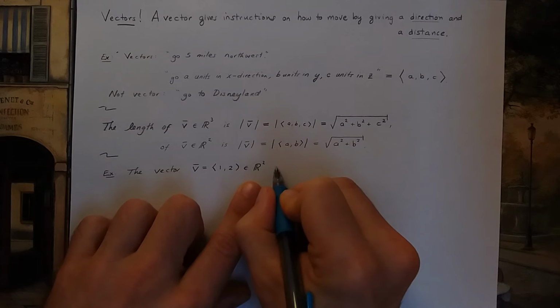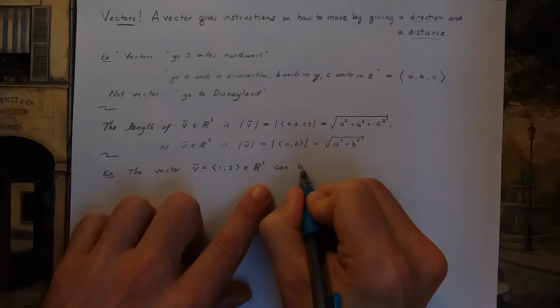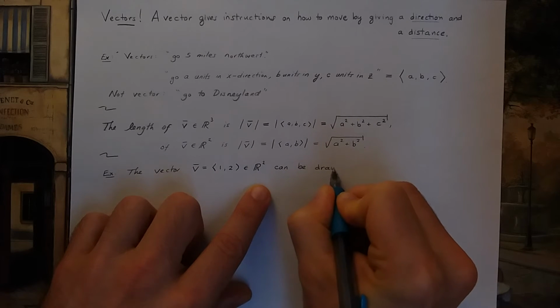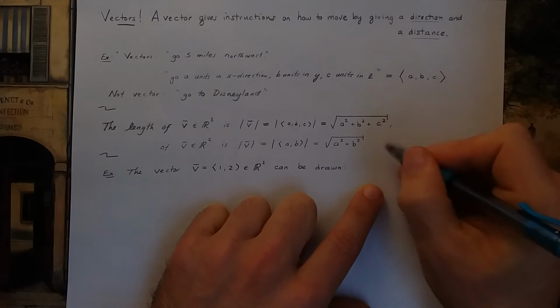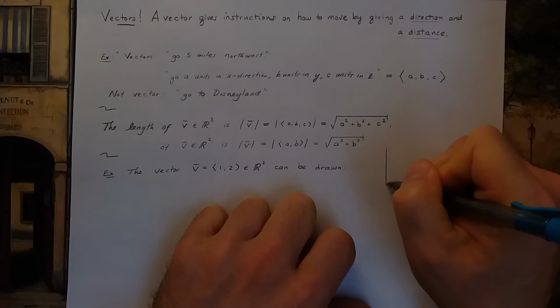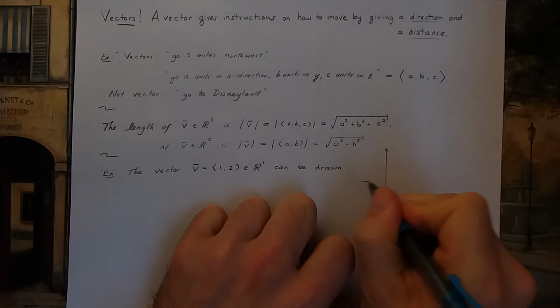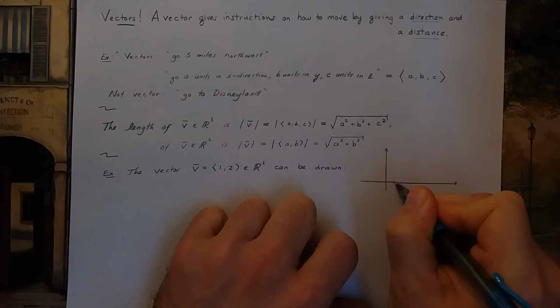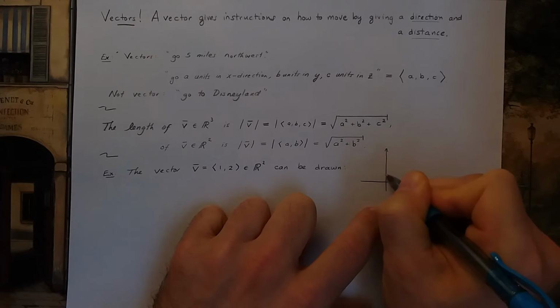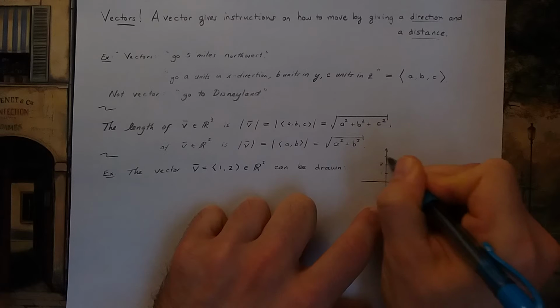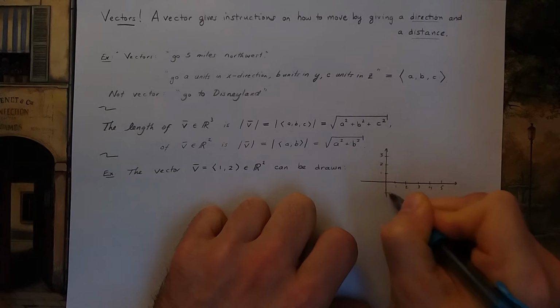This can be drawn. So I'll draw a picture of the vector 1, 2 in R2. There's 1, 2, 3, 4, 5. 1, 2, 3. There's -1.